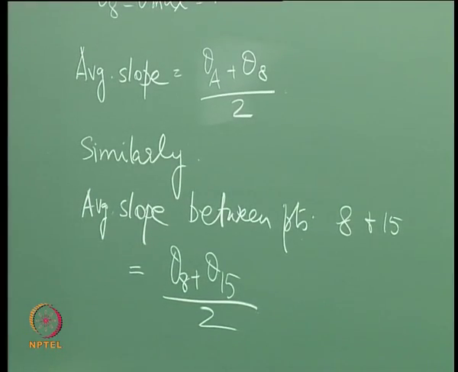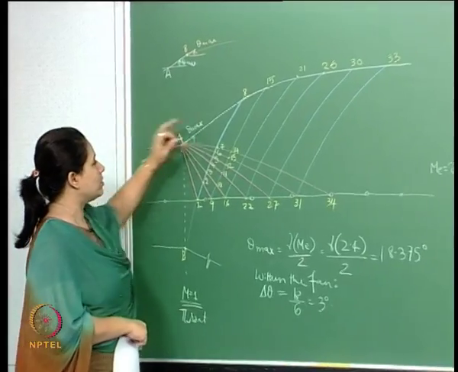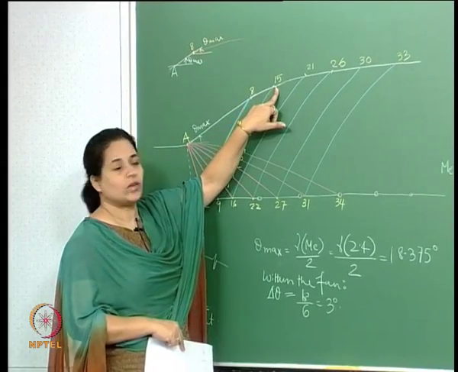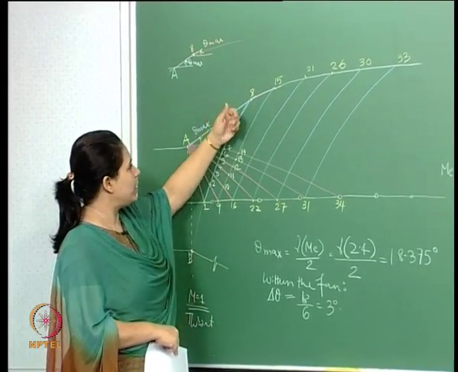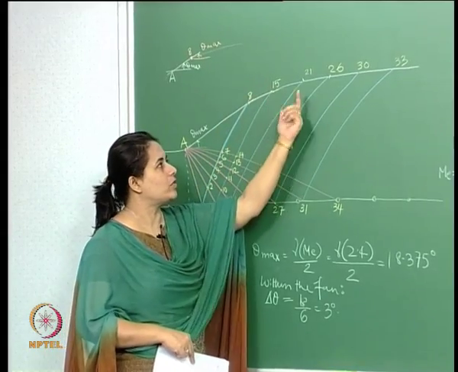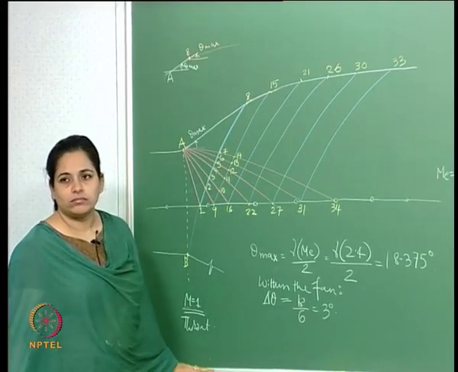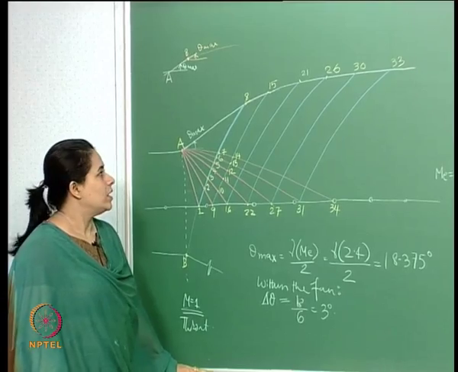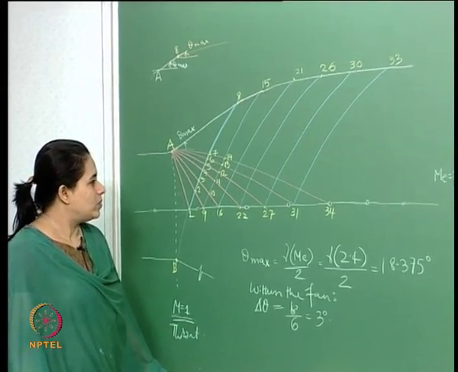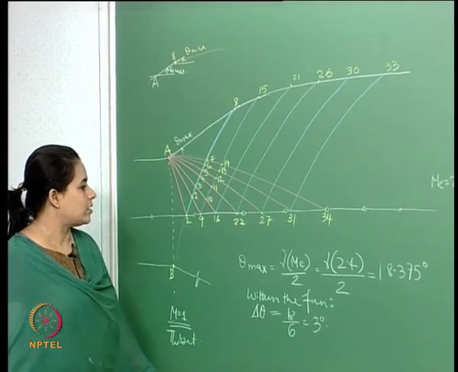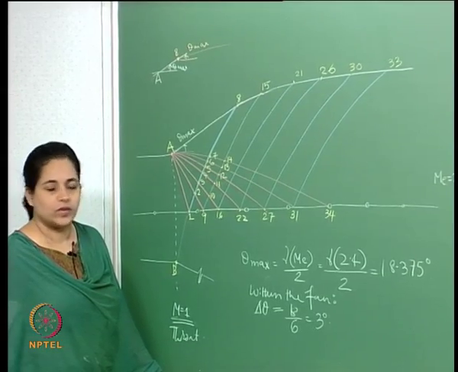Hence we will be able to locate the point 15. Similarly, we go ahead and locate points 21, 26, 30 and 33 and so on and so forth. That is all there actually is to this exercise.